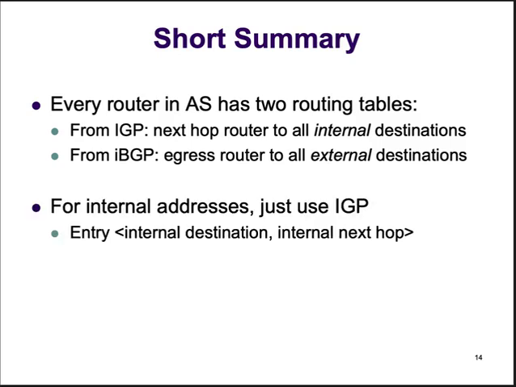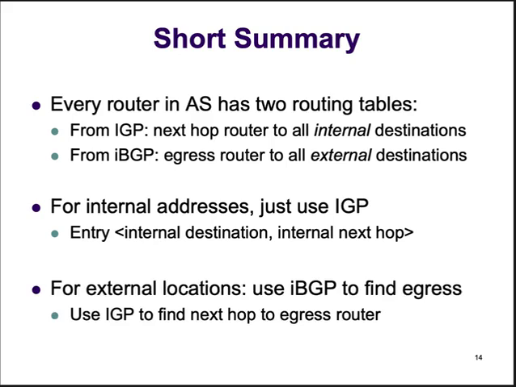And so now if I'm given a packet, remember the packet has an IP address, and I'm going to try and forward it. If that packet's IP address is within my own domain, then I just have to look up the table that was computed for my IGP. I look up the destination address, I get the next hop router, I send it on. I'm done.